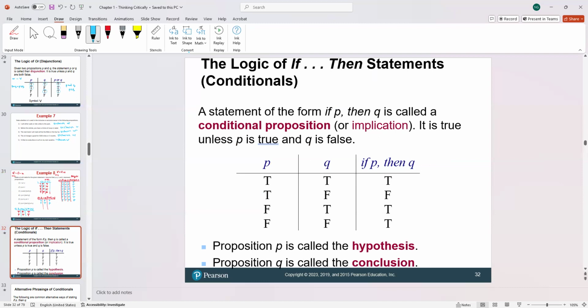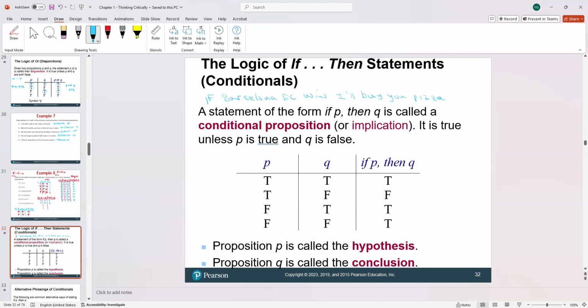So for real football, if I said if FC Barcelona wins, I will buy you pizza.